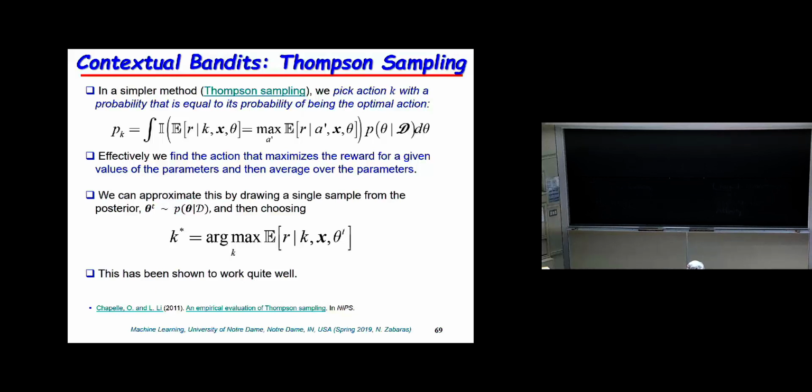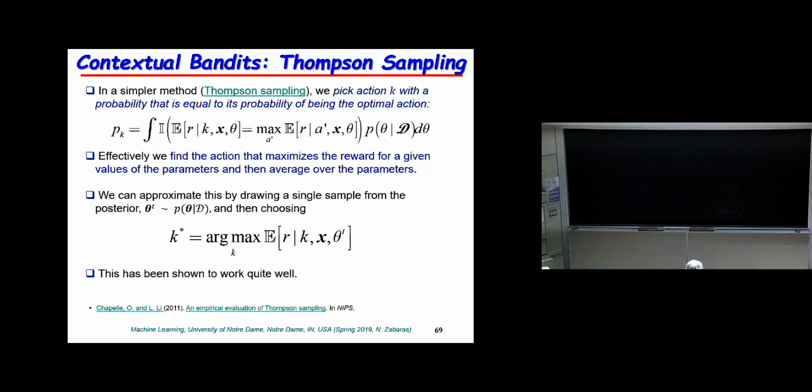I can compute a posterior reward for a given action that I take, for given features and given parameters. So you find the action that maximizes the reward, and then for that reward, take the posterior with respect to the parameters of the machine. So you have to calculate this whole integral that you see here.